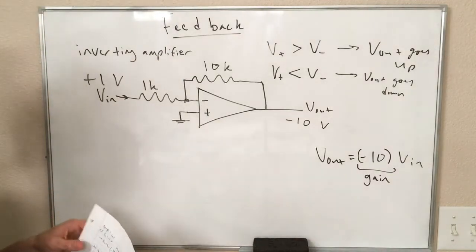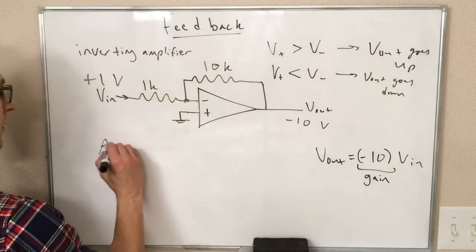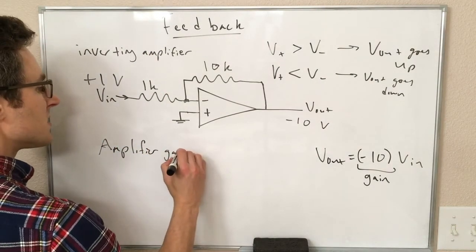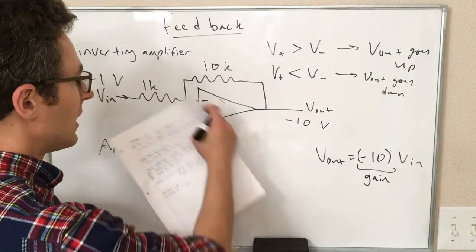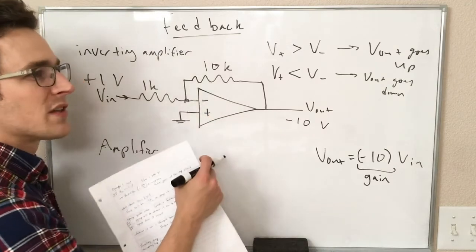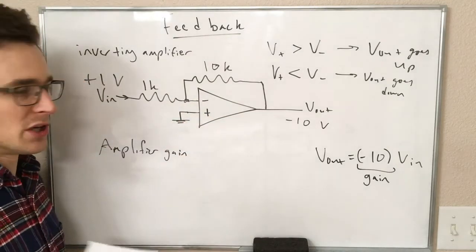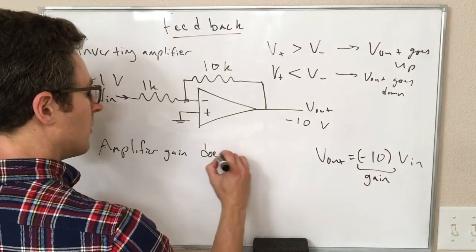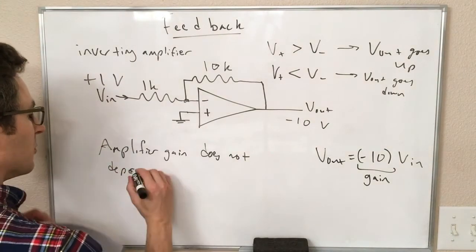What I wanted to point out, though, is that the amplifier gain does not really depend on the op-amp gain. Our op-amp gain only went into the calculation to say that these two voltages were very close to each other, 10 microvolts apart or whatever. So the amplifier gain does not depend on the op-amp open loop gain.